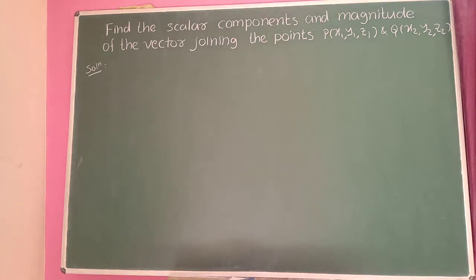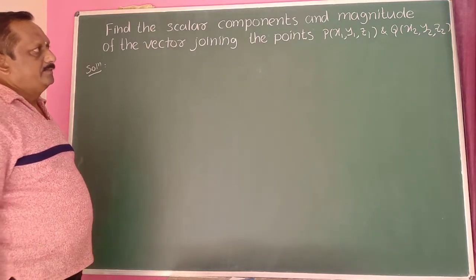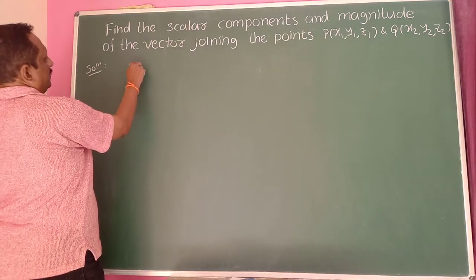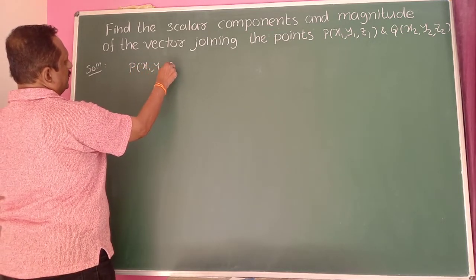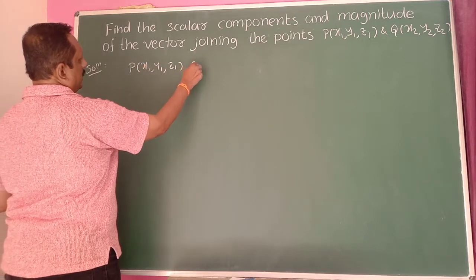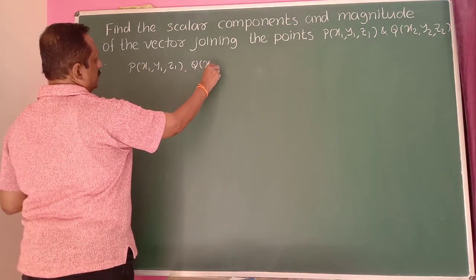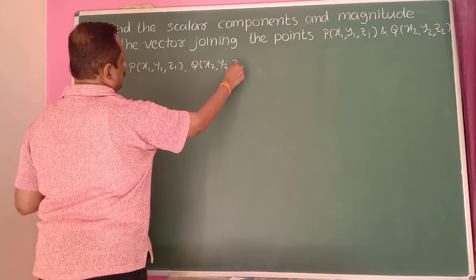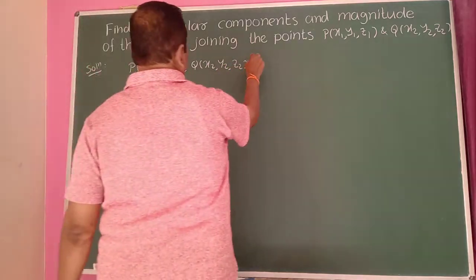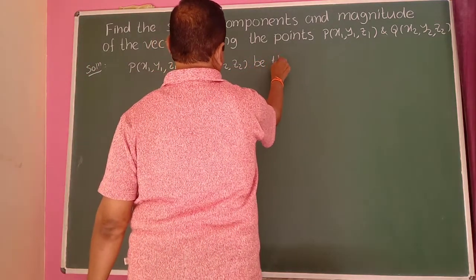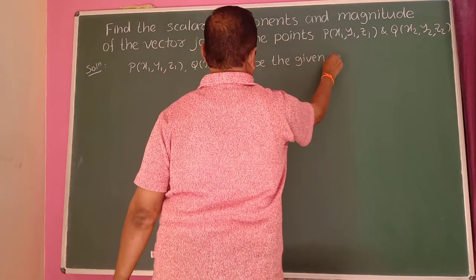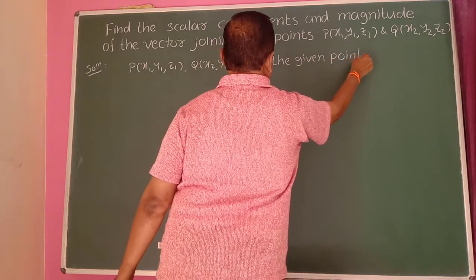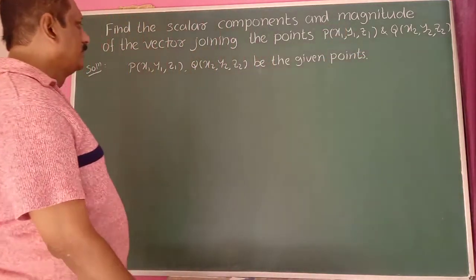Find the scalar components and magnitude of the vector joining the points P and Q. Let the point P be x1 y1 z1 and the point Q be x2 y2 z2, the given points.